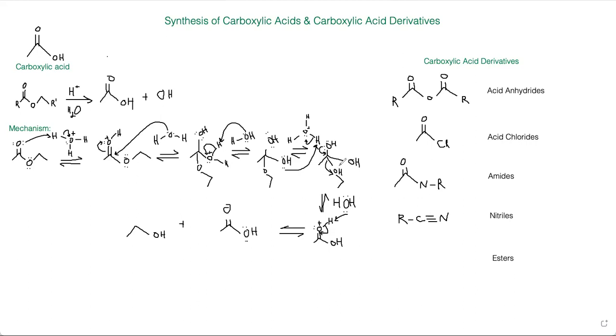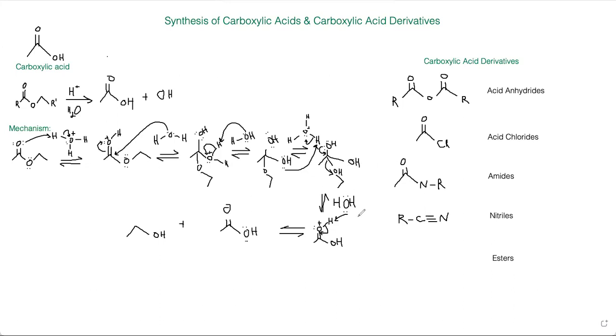Which in the next step allows for another proton transfer. You can see how we had the remainder of the ester here with the oxygen bonded to the ethyl group. So then in the second proton transfer, we're actually protonating that oxygen, which eventually causes the ethanol to leave.